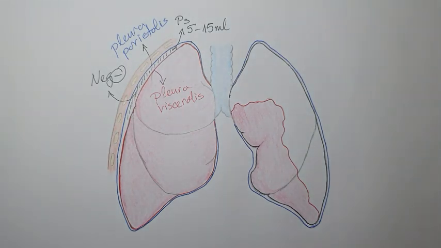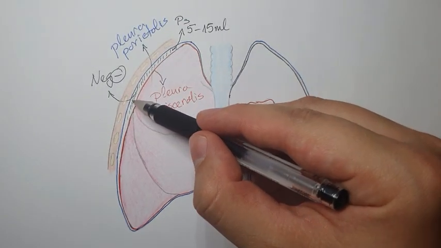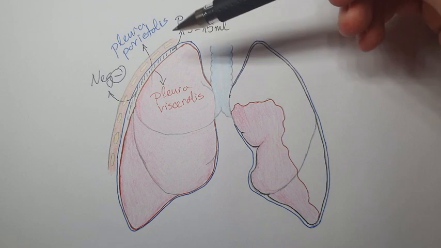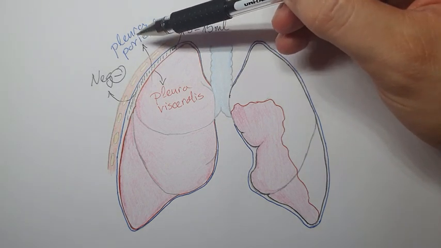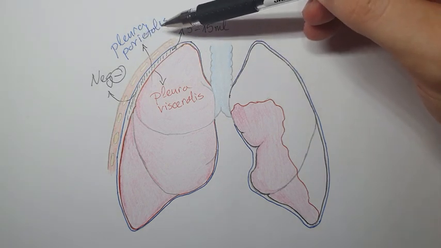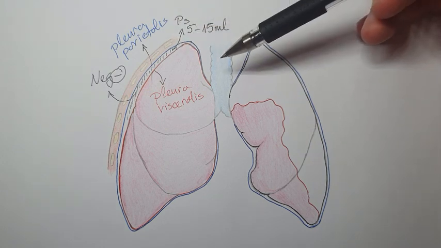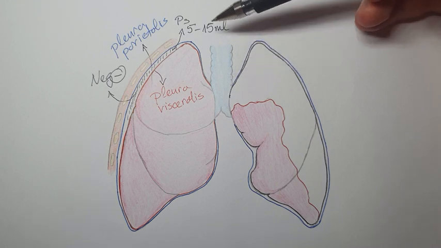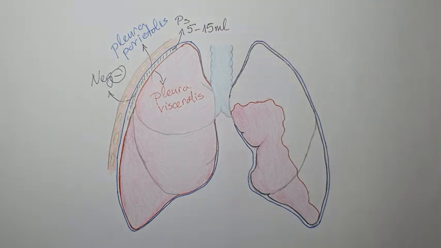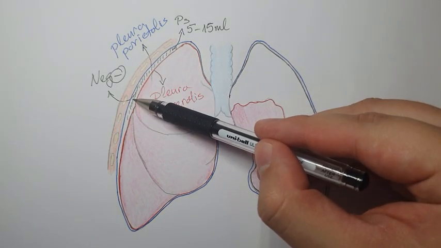This little amount of fluid is produced by the pleura parietalis and is led away by lymphatic vessels continuously, but there is always 5 to 15 milliliters there.